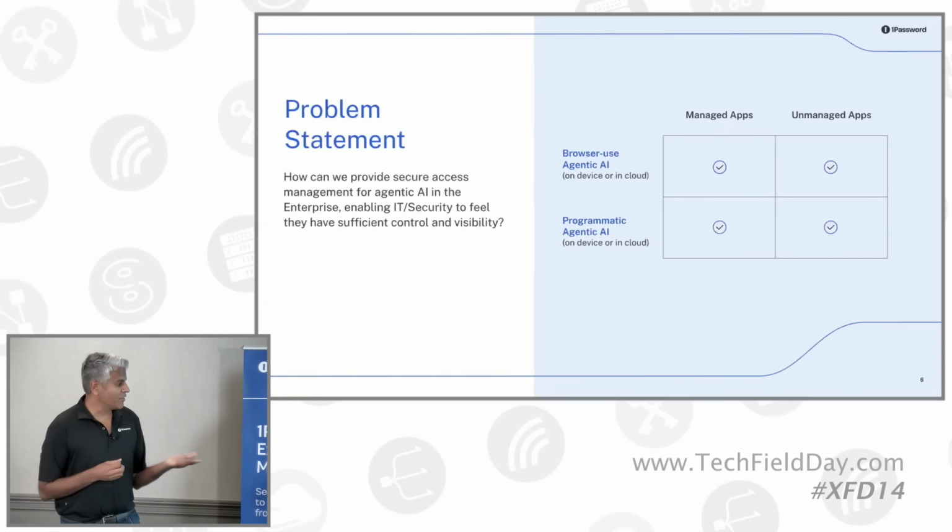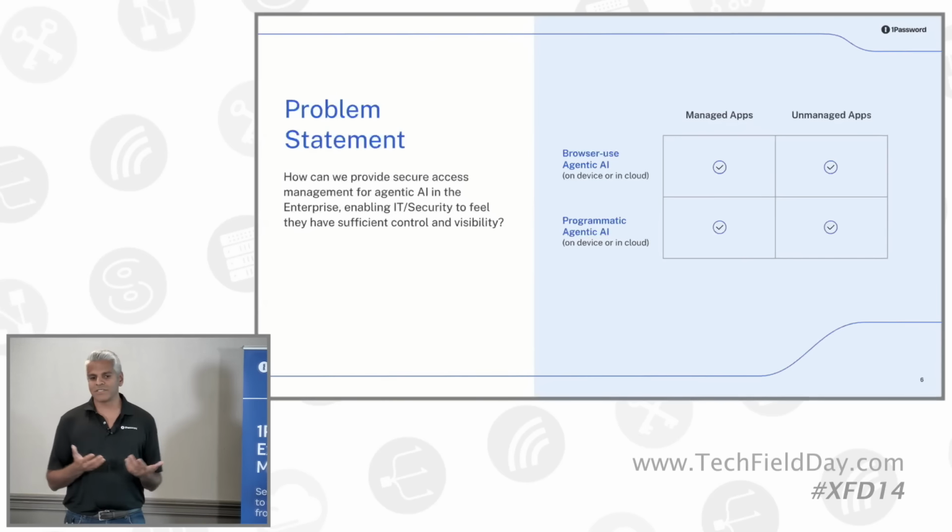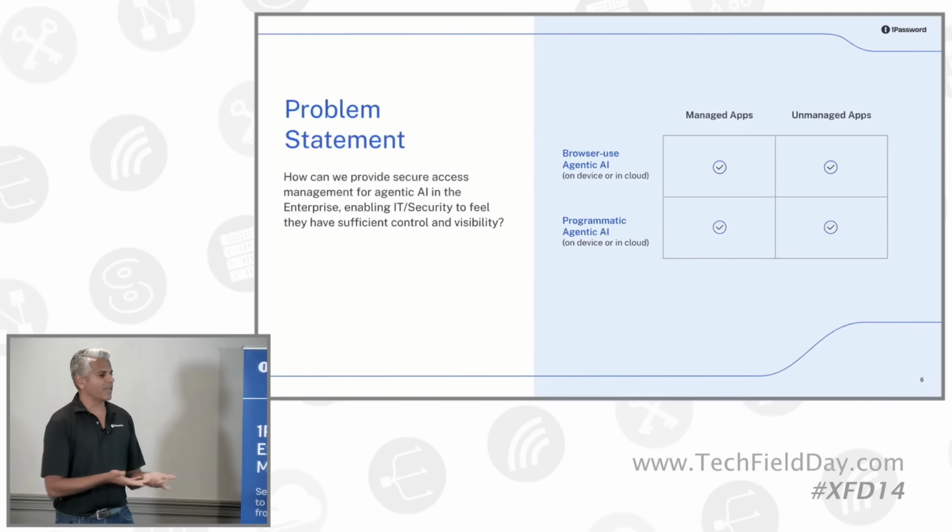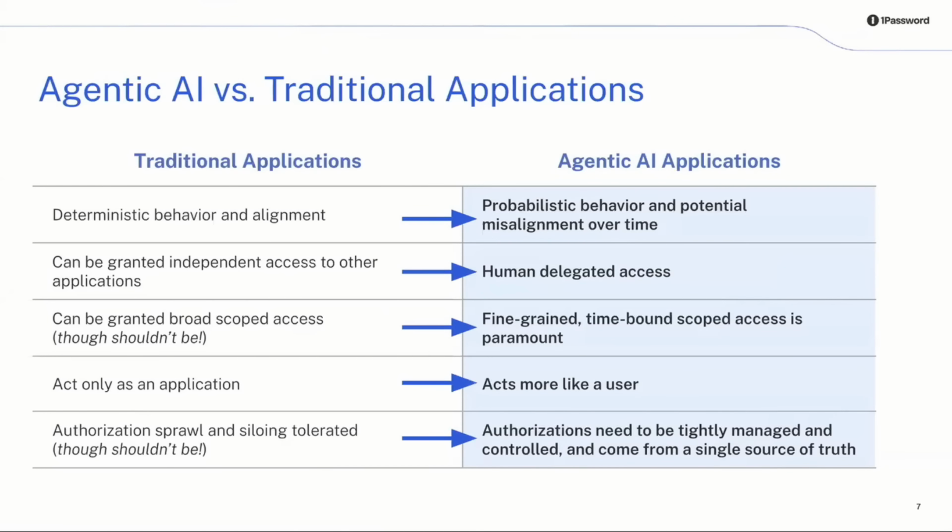So one obvious question is, well, why can't we just apply the solutions that we have for traditional applications, right? Do we need anything new for agentic AI? It's a natural question. And the answer is, agentic AI is actually fundamentally different from traditional applications, and here are a few reasons why. Traditional applications are deterministic, right?